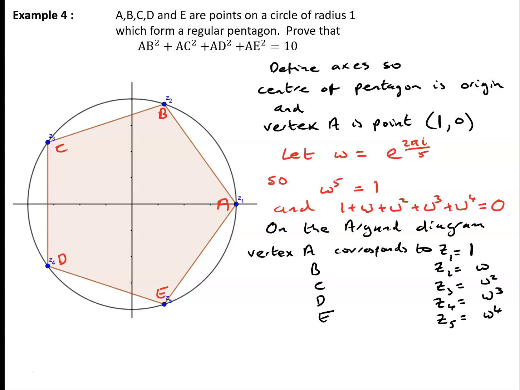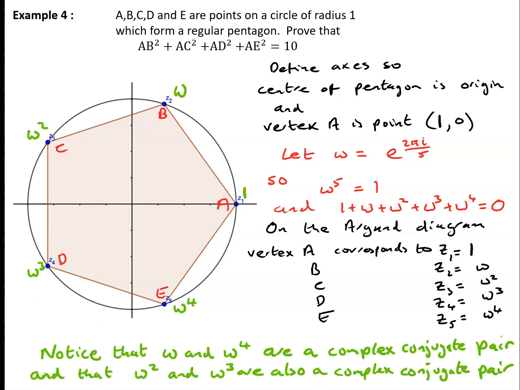So the pentagon that we've drawn there on the Argand diagram represents the points 1, omega, omega squared, omega cubed, and omega to the power 4. We also need to just remember that omega and omega to the 4 form a complex conjugate pair, and omega squared and omega cubed are also a complex conjugate pair.